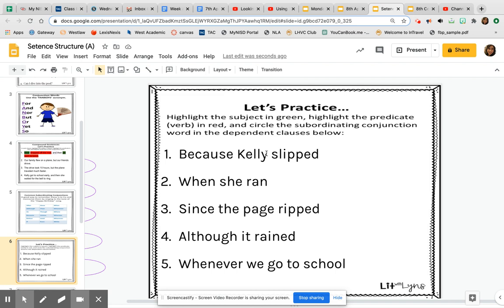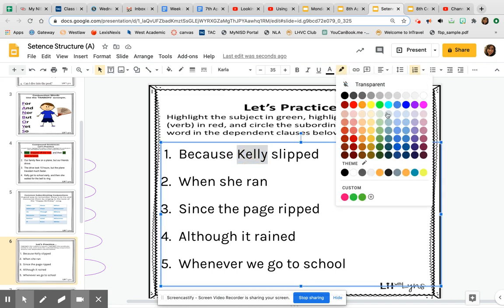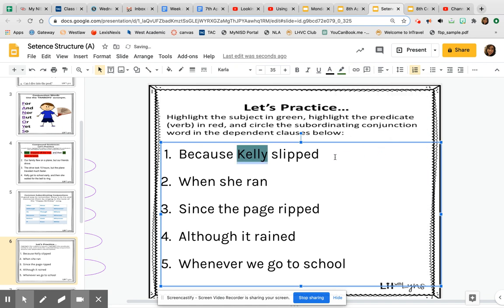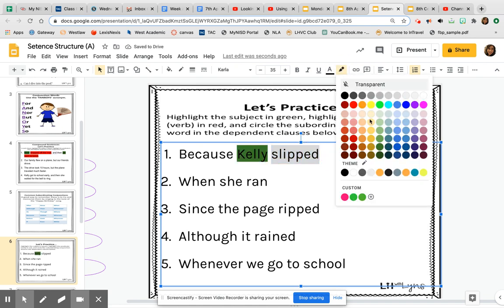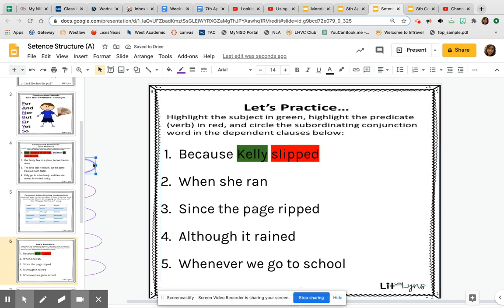Because Kelly slipped. So who is the subject? We know the subject is Kelly. What did Kelly do? Kelly slipped. So she's in red, which would make our subordinating conjunction because. And we'll circle because.